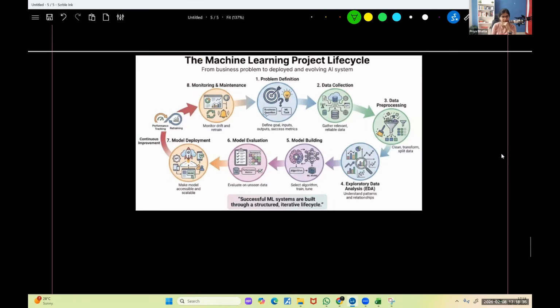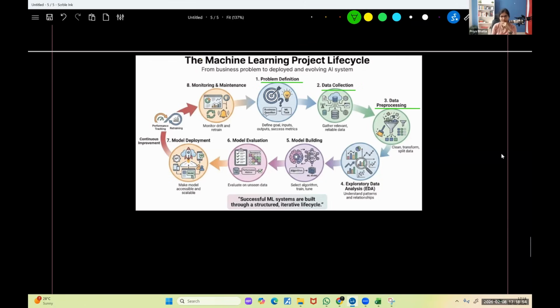So over here, we will be having, first of all, the problem definition. Then we have data collection. Problem definition means defining the goal, input, output, success metric. In data collection, we will gather the relevant reliable data.